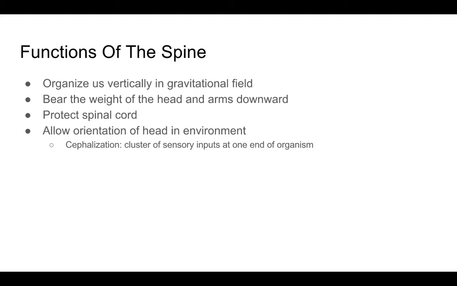And so for us, we have the ears, we have the nose, we have the eyes, we have the mouth. We cluster so much of the way that we learn about the world in one part of the body. And so if that part of the body, the head, is not able to orient and reorganize within an environment, we are at risk. We cannot take in sensory information about our surroundings.